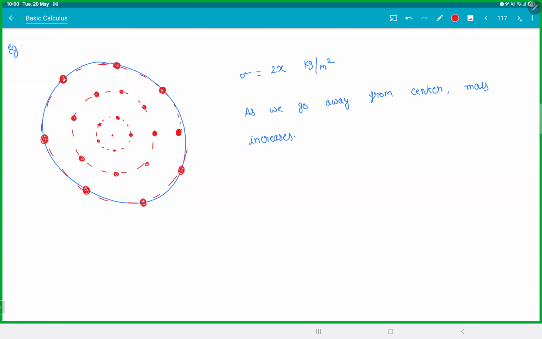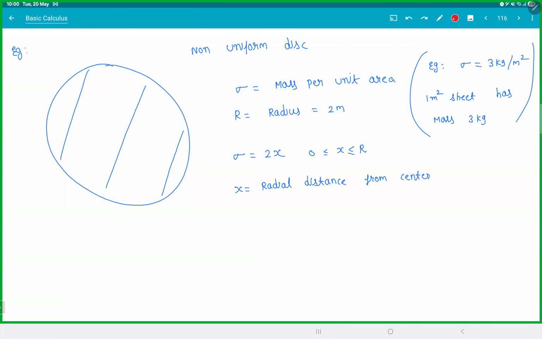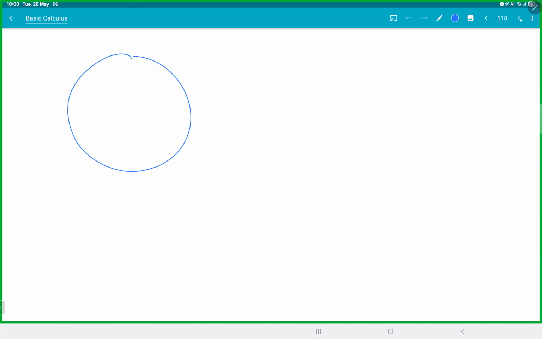Now, if I ask you this question, find the mass of this disk, we have a problem. Why? See, suppose you simply give me sigma is 2 kg per meter square. That means sigma is constant everywhere.